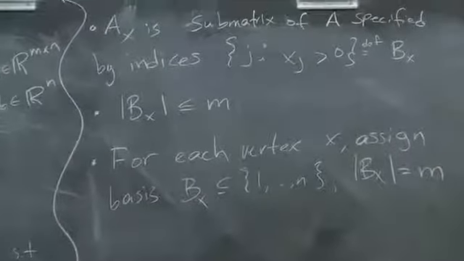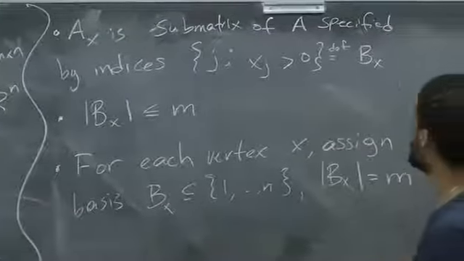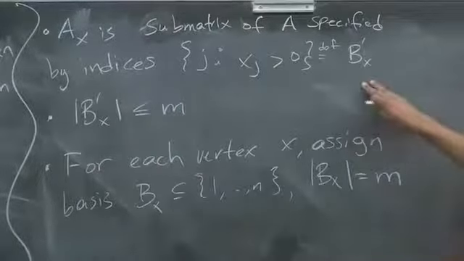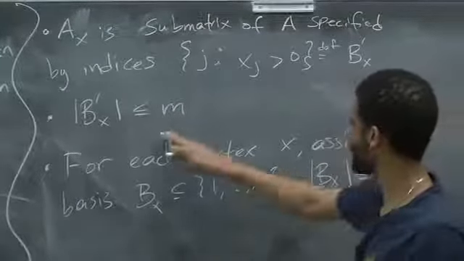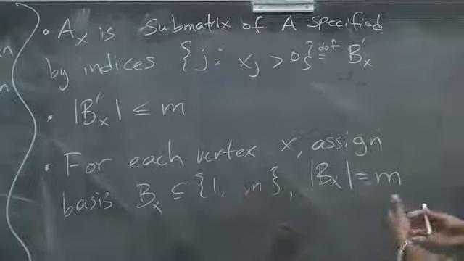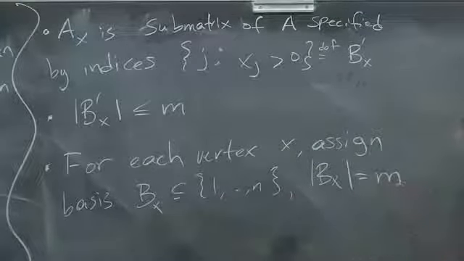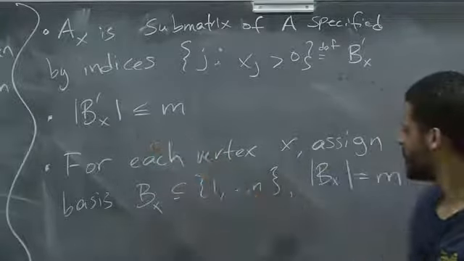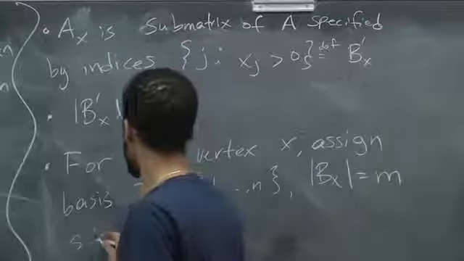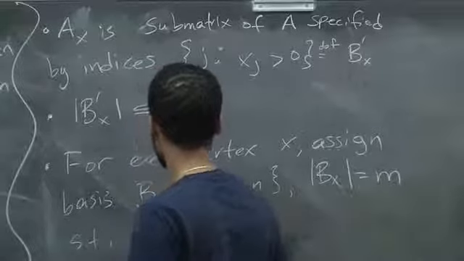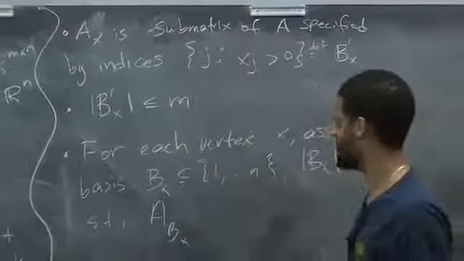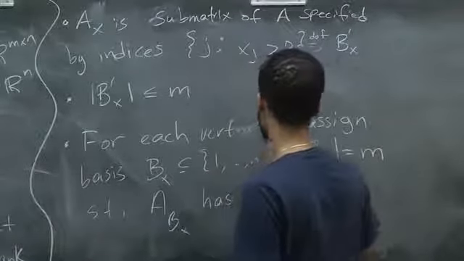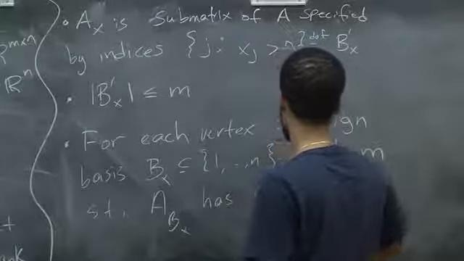Maybe let me call this B'(x) to distinguish. So this is the set of indices that are strictly positive, and then I'm going to possibly extend it to a set that has size exactly m, because it might be the case that this set has size at most m. Such that A_B(x), the columns indexed by B(x), has rank exactly m.